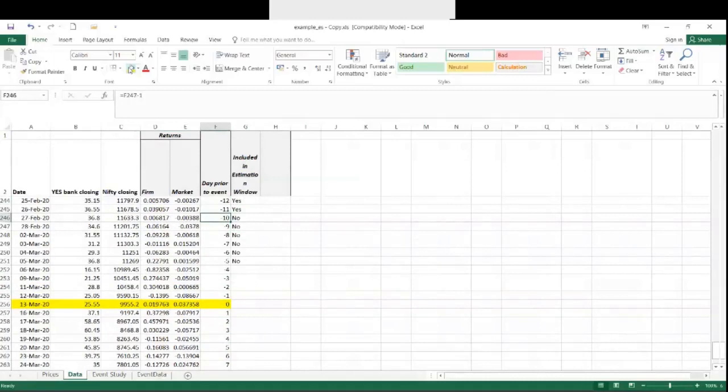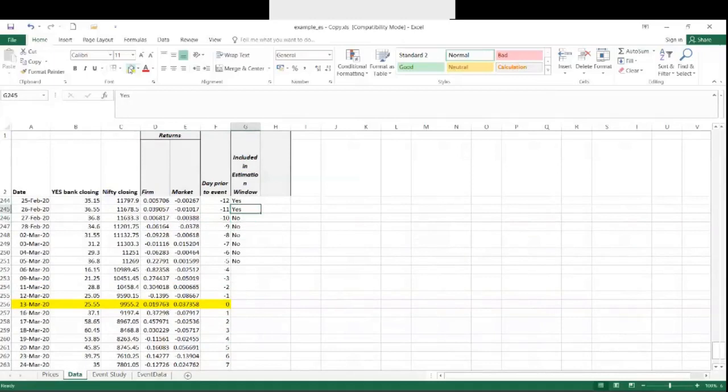You see that the 10th day observation before the event is not included in the estimation window. Why? Because I want to consider it a part of the event window, so there should not be any overlapping. I cannot estimate the normal performance from a time period which could be affected by the event itself, so we don't want to take it.